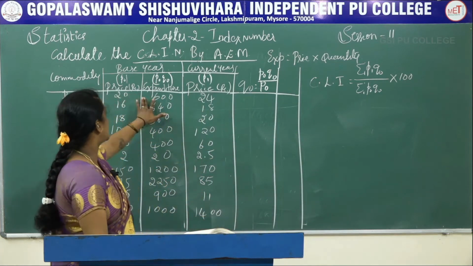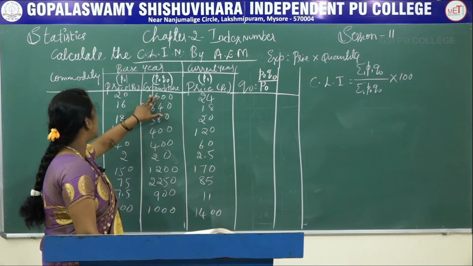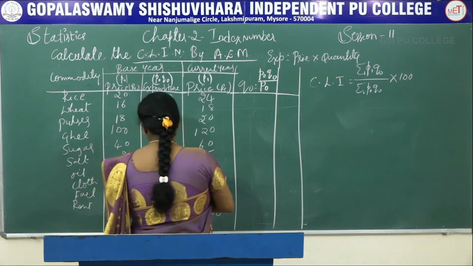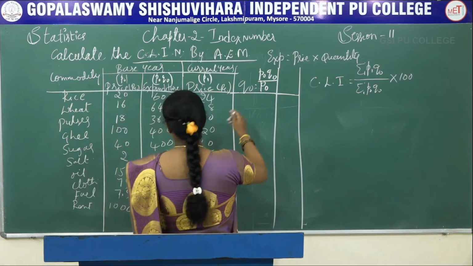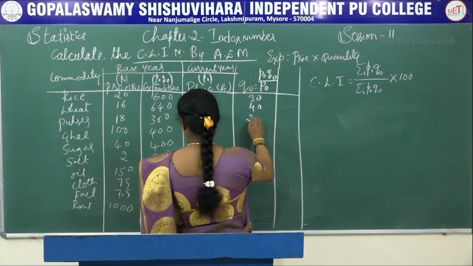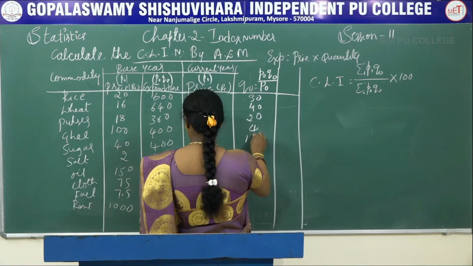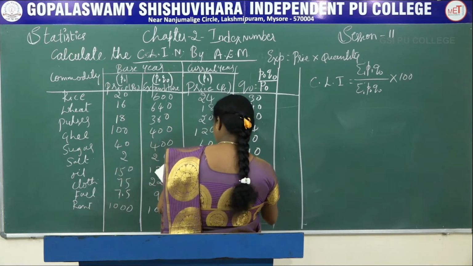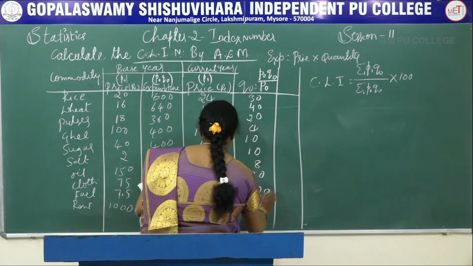So take the ratio of expenditure by price for all the values so that we can get Q naught values as 30, 40, 20, 4, 10, 10, 8, 30, 121.